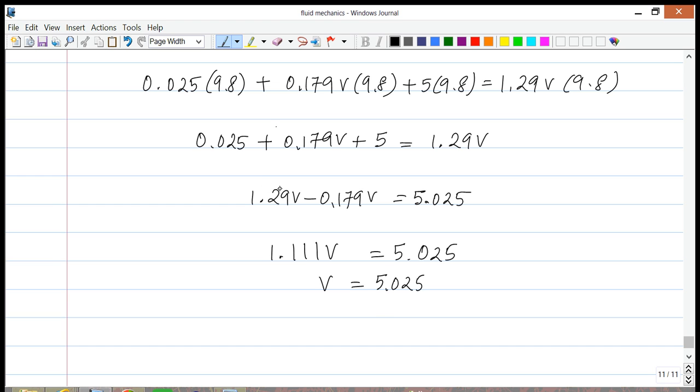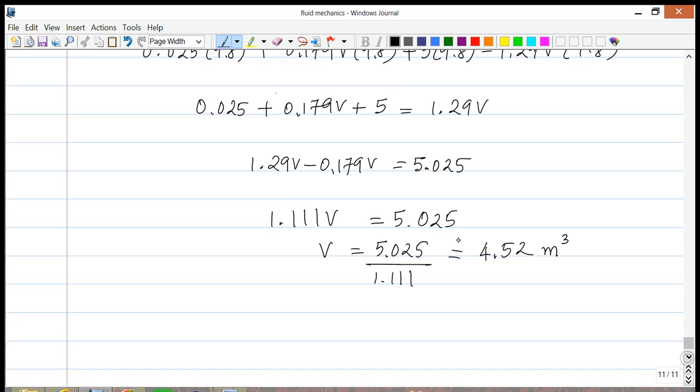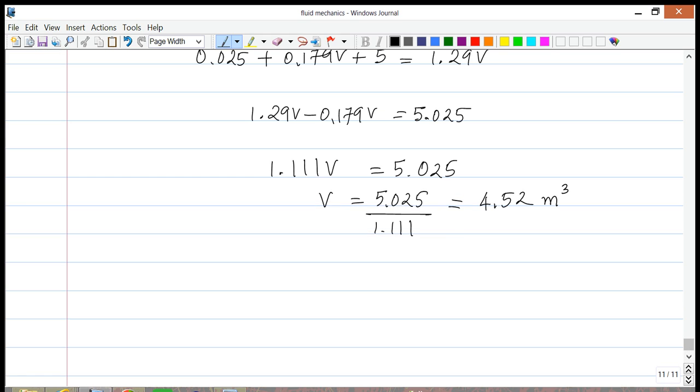It's 5.025 divided by 1.111, which is about 4.52 meter cubed. Now once we have this volume, I know that my object is a sphere, so I have 4 over 3 pi r cubed equals 4.52.